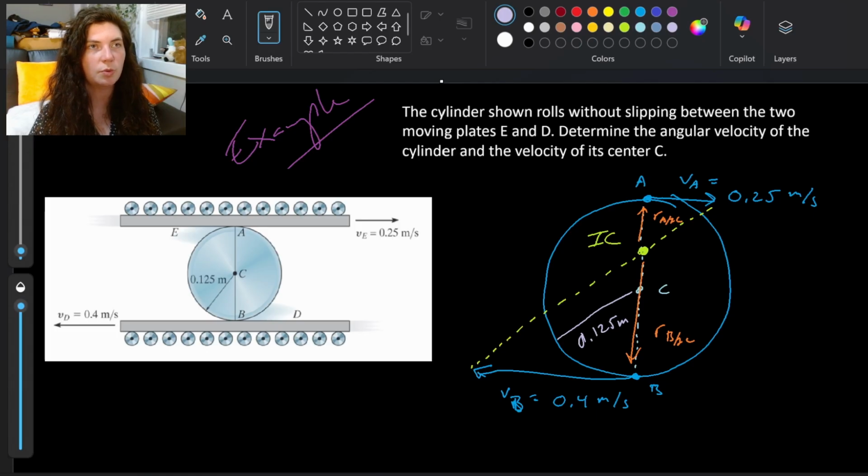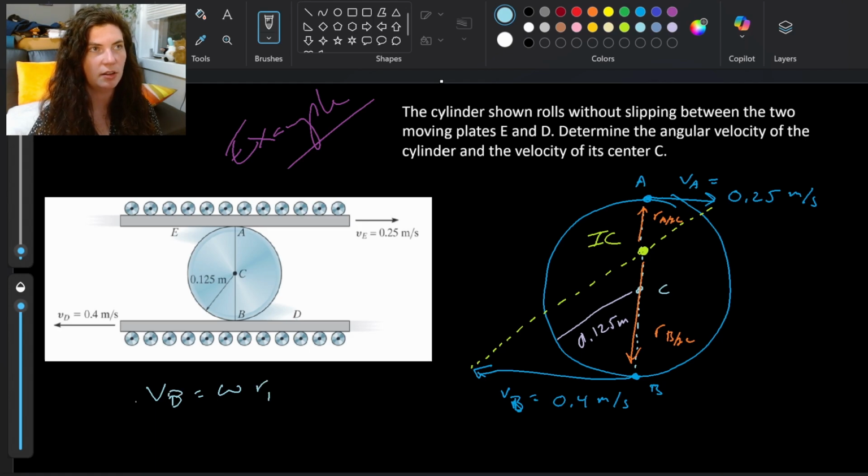What we're going to do is find this IC so that we can create those relationships where VB equals omega times R. Why do I keep writing D?